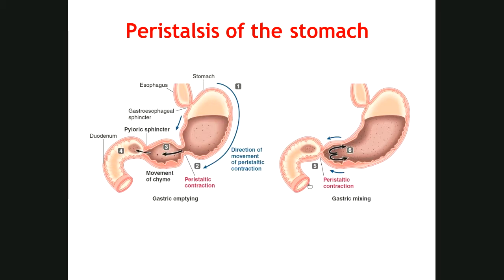And once the food is ready, the pyloric sphincter will relax and a peristaltic movement will start moving the food, or the chyme, which is digested in the stomach, to go into the duodenum, which is the first part of the small intestine.